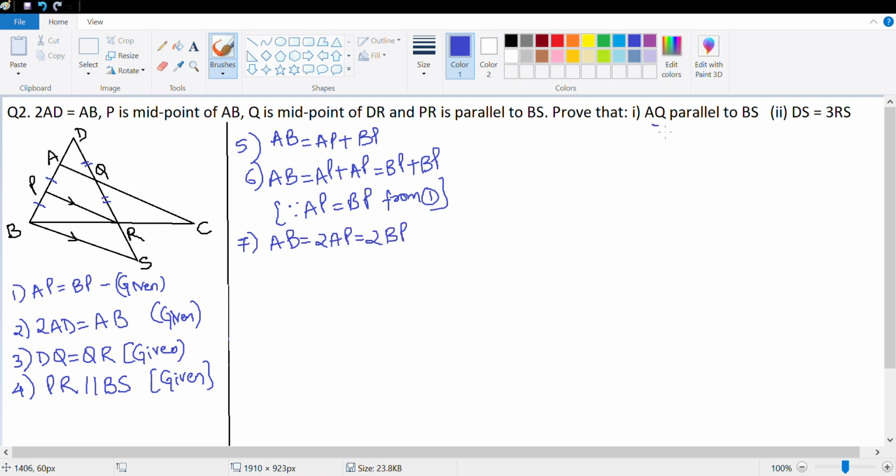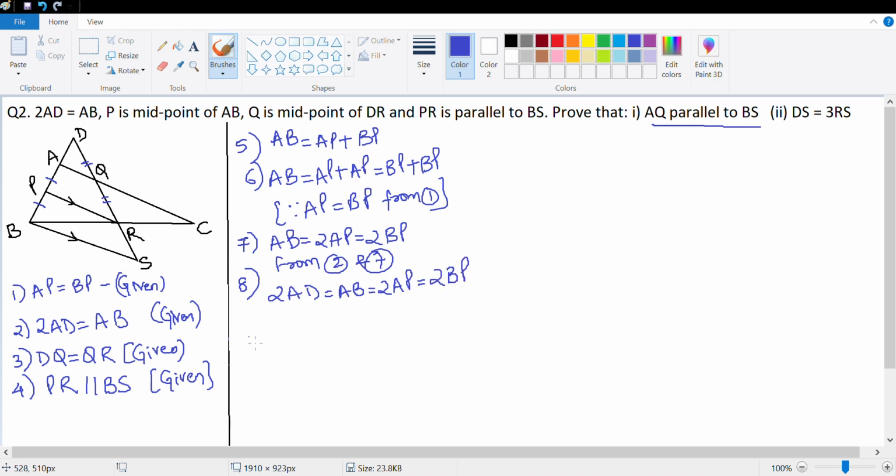I need to prove that AQ is parallel to BS. So to make AQ parallel to BS, I will have to see if I can get AD also equal. So let's look at this. Number 8, what is given is 2 times AD is equal to AB. So from 2 and 7, what I get is 2 times AD is equal to AB, which is equal to 2 times AP, which is equal to 2 times BP.